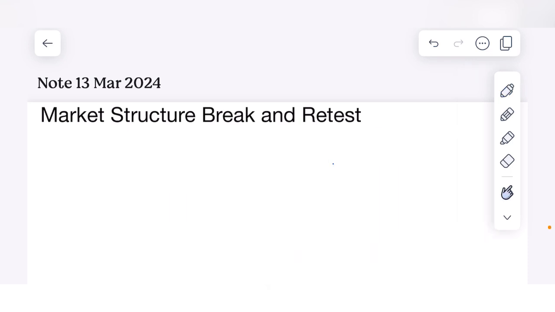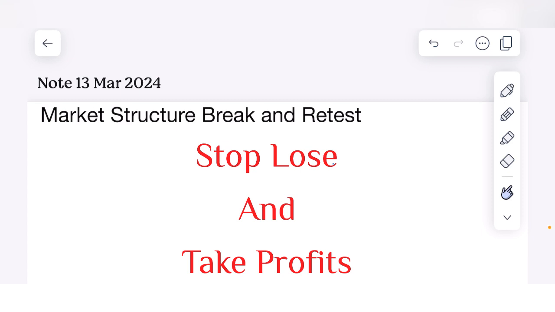So after looking for these confirmations and then you've entered your trade, you have to know where you put your stop loss and your take profits. So let's see an example of how you take your profit and then you put your stop loss.